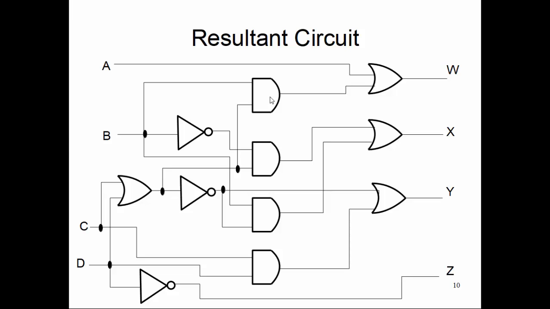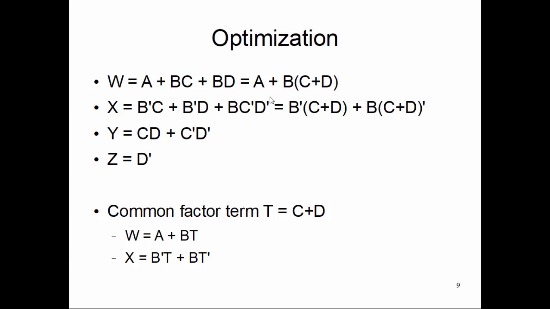So that's the concept I would like you to pick up: we do the K-maps, we do the Boolean reduction just to make sure we can use the minimum number of electronic components to make the target Boolean function.